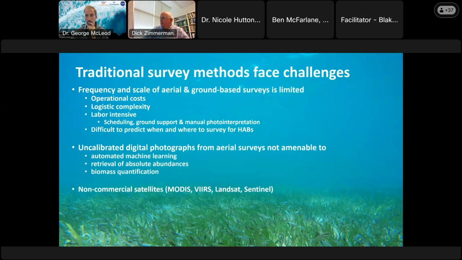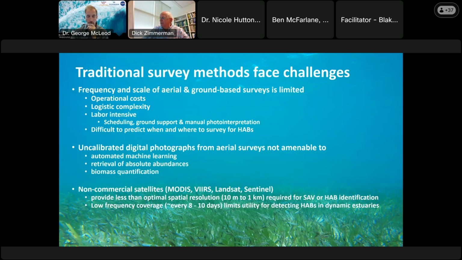The non-commercial satellites that have been put up by NASA and other government agencies, such as MODIS, VIIRS, Landsat, and Sentinel, provide less than optimal spatial resolution. The best you can get is about 10 meters. A lot of them are around 1 kilometer, which is too coarse for really good identification of submerged aquatic vegetation or harmful algal blooms in the small tributaries surrounding the Chesapeake Bay.